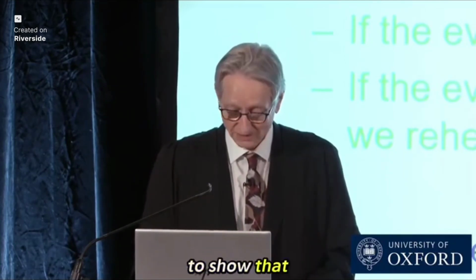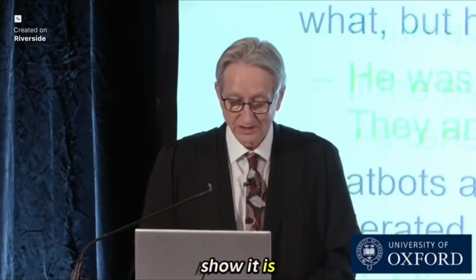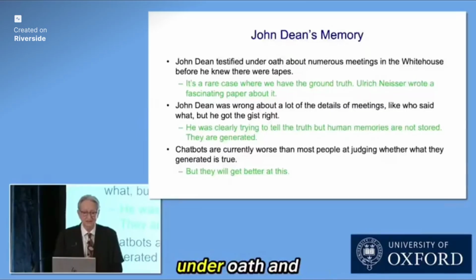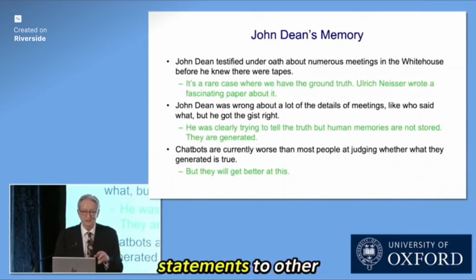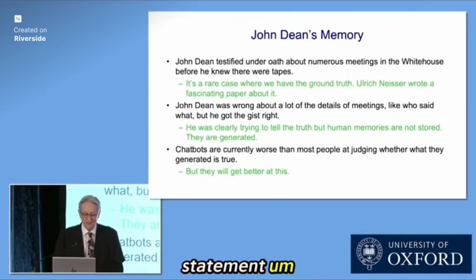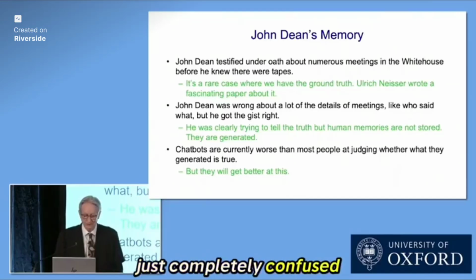It's hard to show that, but one case where you can show it is John Dean's memory. So John Dean testified at Watergate under oath, and retrospectively it's clear that he was trying to tell the truth. But a lot of what he said was just plain wrong. He would confuse who was in which meeting. He would attribute statements to other people who made that statement, and actually it wasn't quite that statement. He got meetings just completely confused.